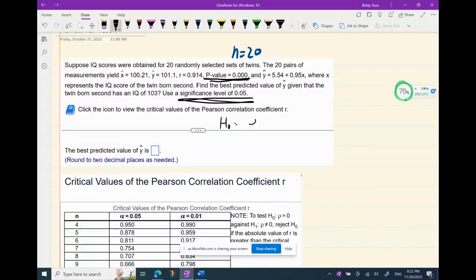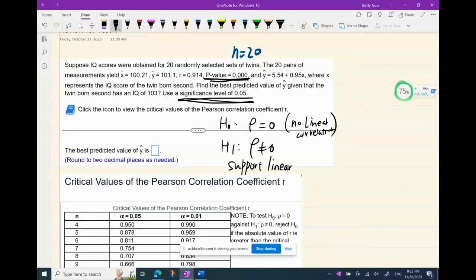Do you remember what the null is? The null is no linear correlation. No linear pattern. Null must go. That means we support that there's a linear pattern, linear correlation.